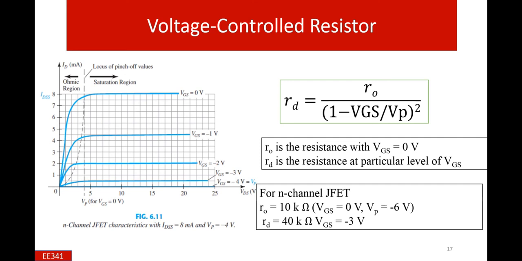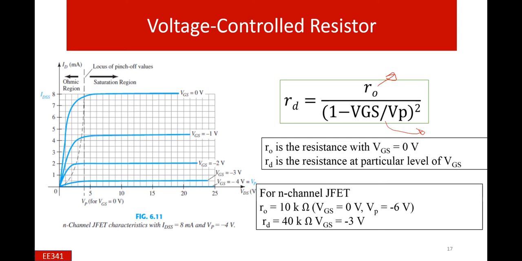Here R naught is given in the data sheet; it is the resistance when VGS is 0. And the pinch-off voltage is a fixed value, controlled by the manufacturers, and the manufacturers can change this pinch-off voltage.